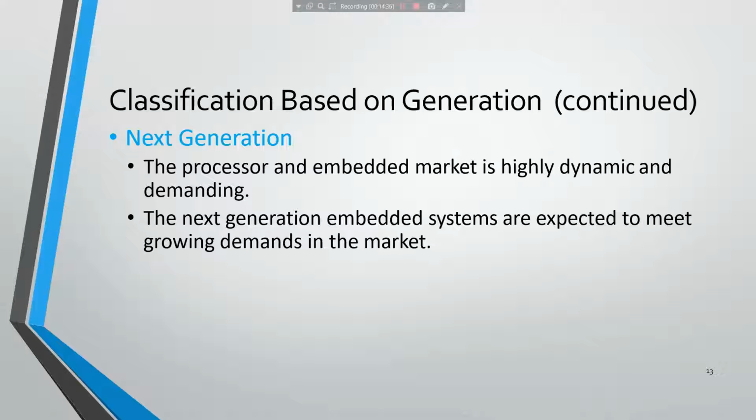Dynamic and demanding also depends upon how far the system can go from manufacturing to the users. So the next generation embedded systems were expected to meet the growth demand of the market. Depending upon market utilization or requirement, manufacturers used to change the processor and the memory systems.